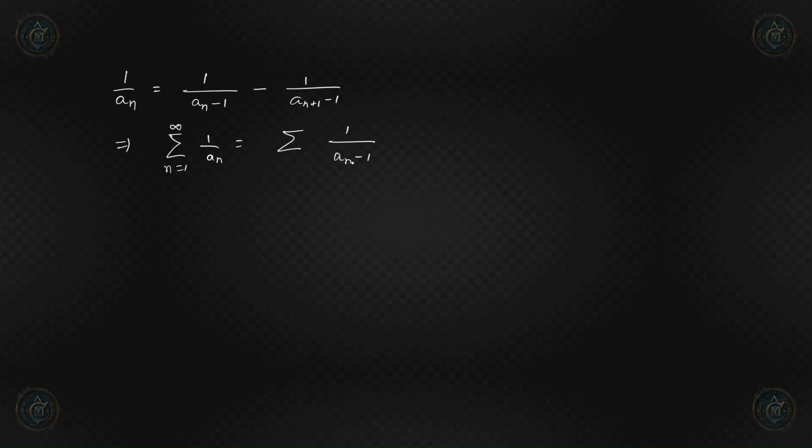Okay, so we get 1 divided by a_n equal to 1 divided by a_n minus 1 minus 1 divided by a_{n+1} minus 1. Okay, then we apply summation all over this equation. So the left hand side is what we have to calculate and the right hand side is a telescopic expression.